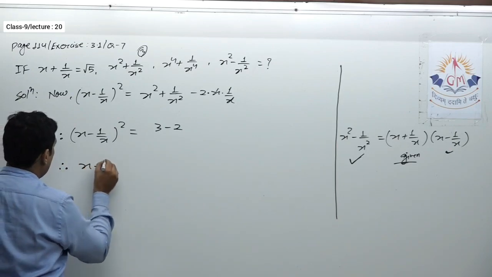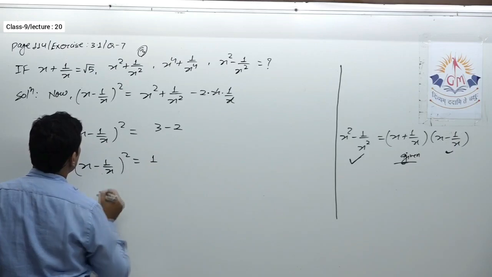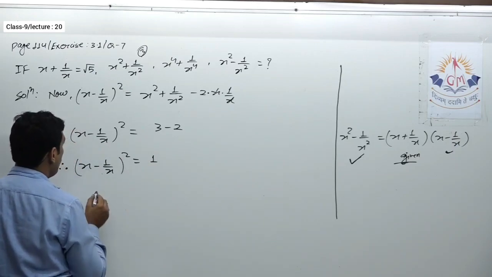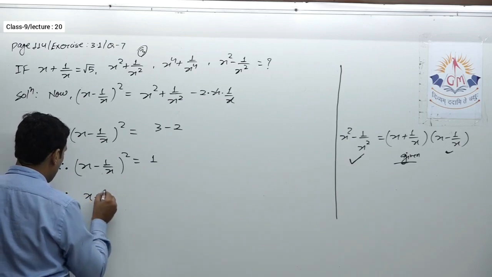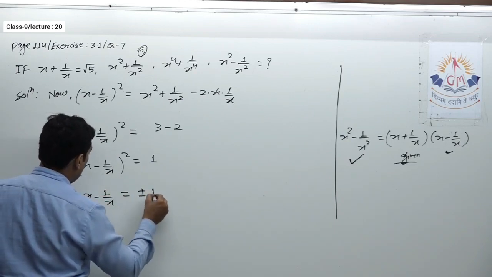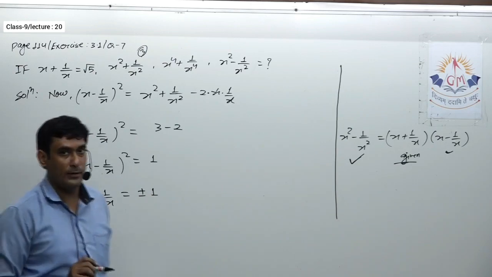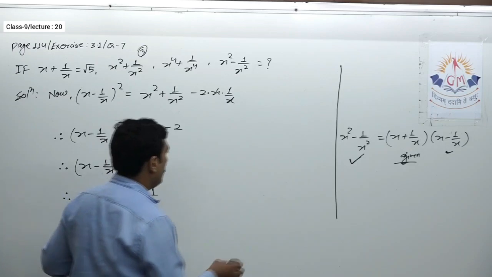So x minus 1 upon x whole square is equal to 1. Therefore I can say x minus 1 upon x is equal to plus minus 1, taking square root on both sides. So the value of x minus 1 upon x is equal to plus minus 1.